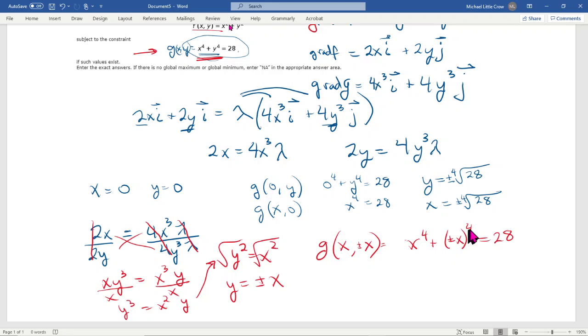Plus or minus x, when you take it to the 4th, will always become positive because of the even power. So this is really x to the 4th plus x to the 4th, which is 2 x to the 4th, equals 28. Divide both sides by 2, gives us x to the 4th equals 14. Take the 4th root, so we get that x equals plus or minus the 4th root of 14.